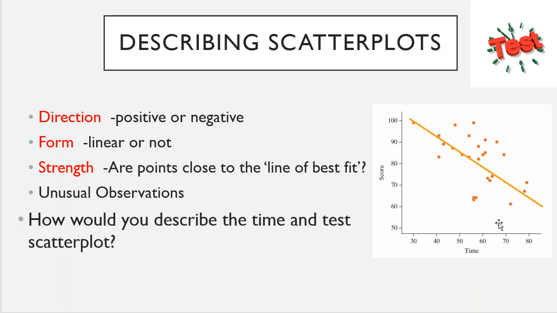I mean, here's a person who took 60 minutes and got a 50%. This person took 60 minutes and got a 90%, right? So there's all kinds of variation. It's not a perfect fit. So strength says how strong is the relationship. And then, are there any unusual observations? If somebody was, say, here or here, that might be an unusual observation.